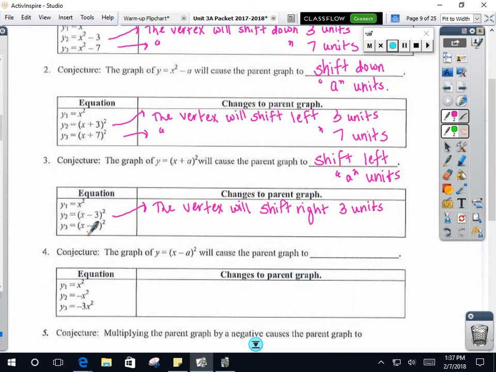And then x minus 7 all squared will cause the vertex to shift right 7 units. So the graph of y equals x minus a squared will cause the parent graph to shift right a units.